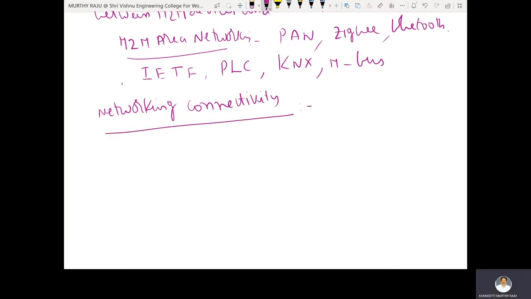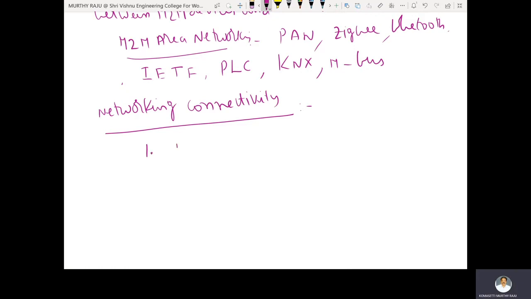What is meant by network connectivity? Generally, the network domain is a network that allows the M2M device and gateway domain to communicate with the core network via the access network.